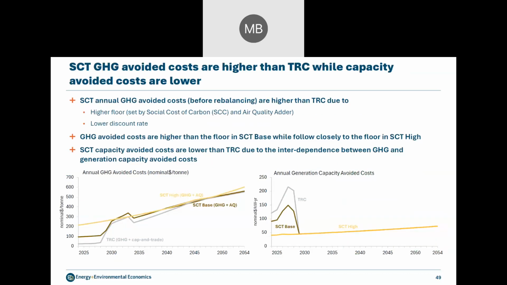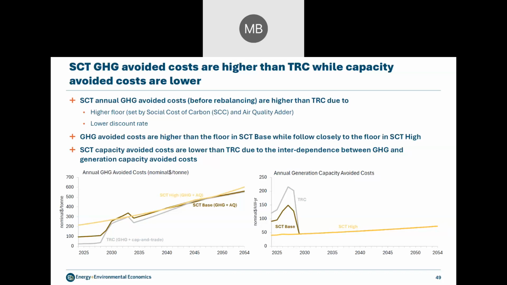I want to use one slide to show one difference between TRC and SCT, that is the GHG avoided cost and the capacity avoided cost. The first is that in the integrated calculation, the GHG avoided cost floor for SCT is set by the social cost of carbon as well as the air quality adders rather than carbon trade. That is what's driving the higher GHG avoided cost in the near term.